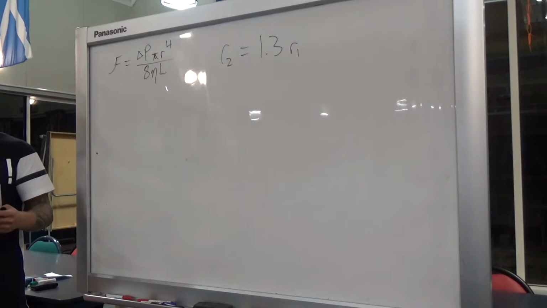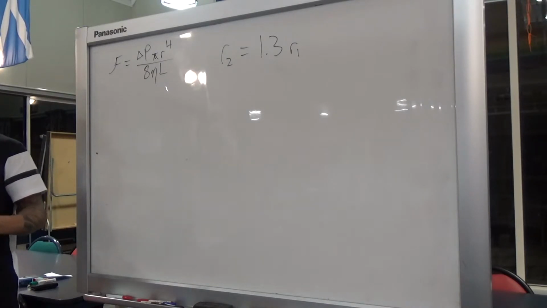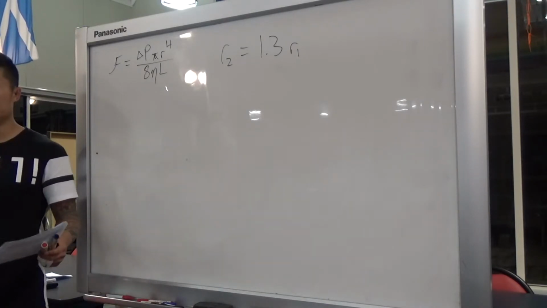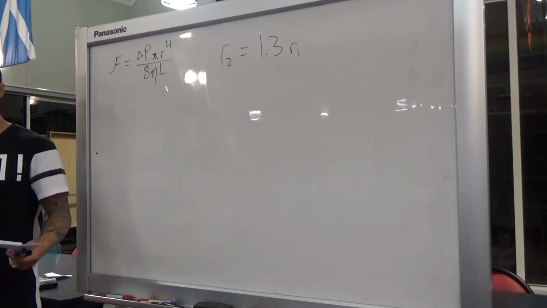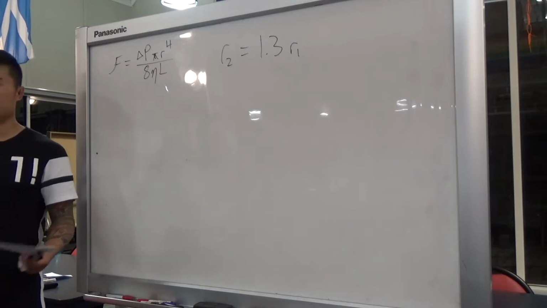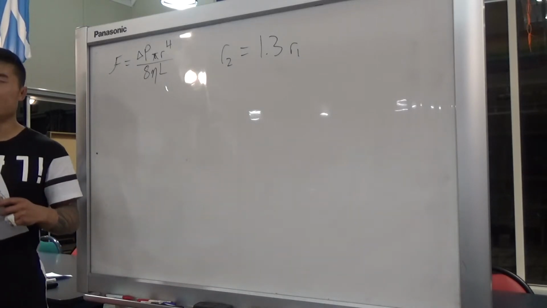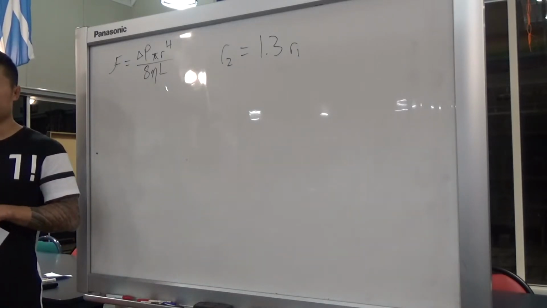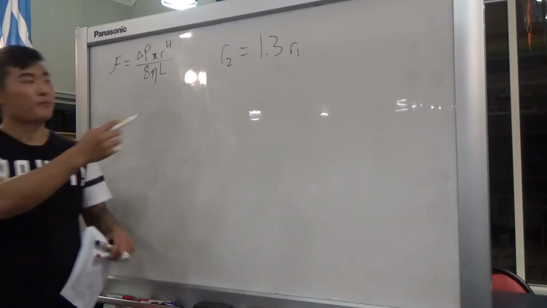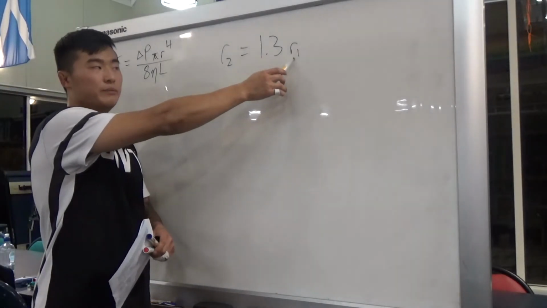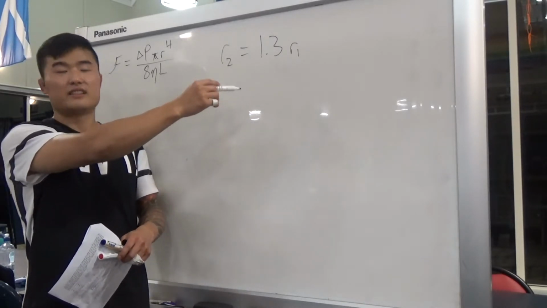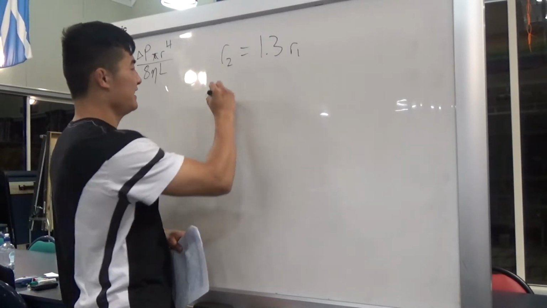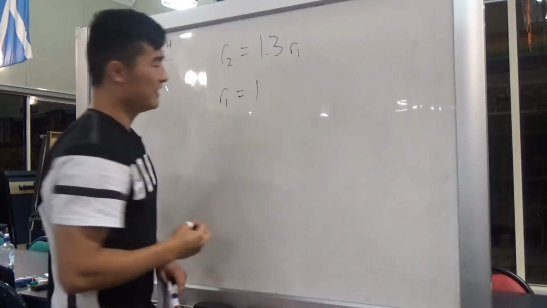Because if it was 0.3, then that would mean that it's only 30% of the original radius. So it's the original radius, but it's greater than the original radius, 30% greater. So it has to be the radius plus 30%. Yeah. So if you had, let's say R1 is equal to 1, right?